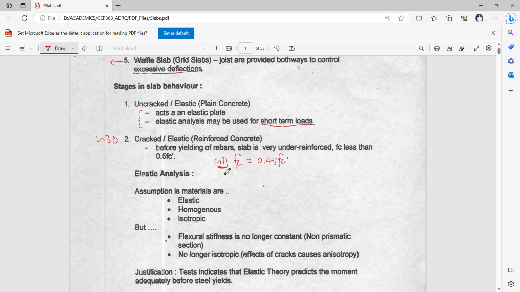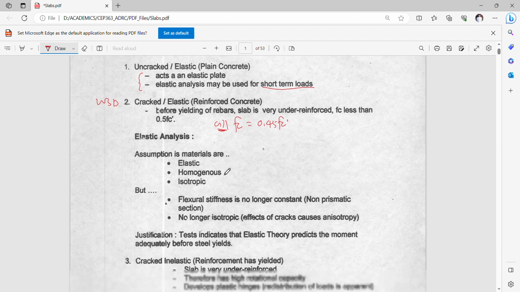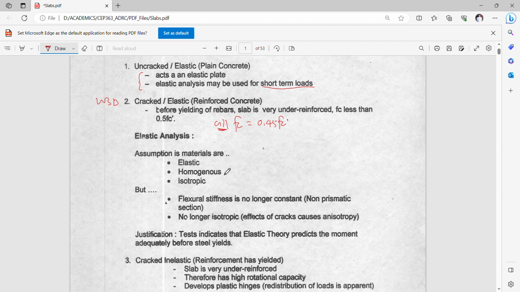Elastic analysis is of course done using a lot of procedures, with assumptions regarding the material: elasticity, homogeneity, and isotropicity, which are very inaccurate if we are going to look at RC materials.